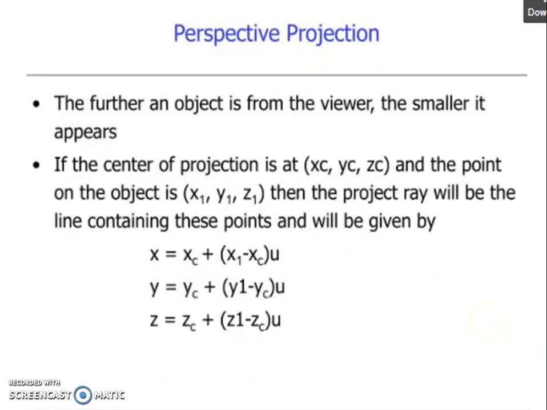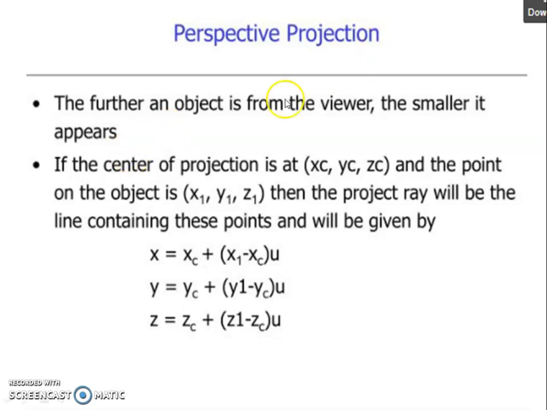And in the case of perspective projection, the farther an object is from the viewer, the smaller it appears. If it is far, it will be smaller in the output view.